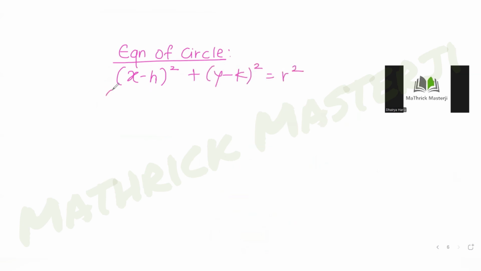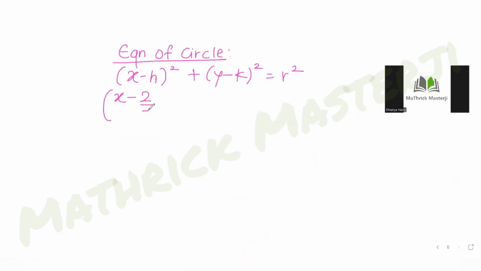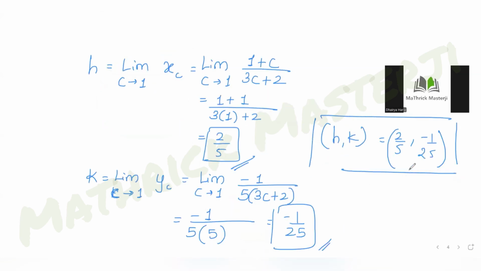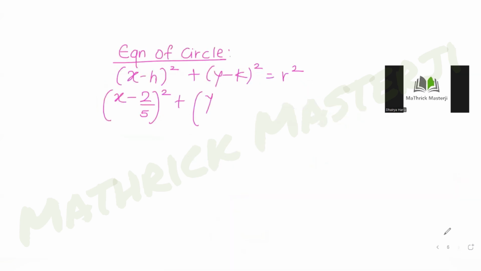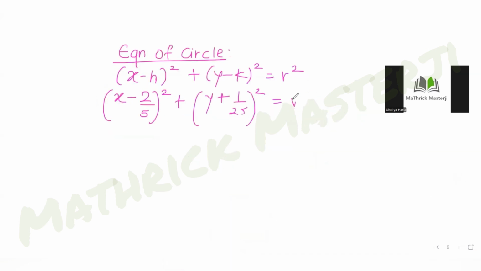So if I put it there, I get x minus h, which is 2 over 5, plus (y minus k), and k is negative 1 over 25, so minus of minus 1 over 25 will make plus 1 over 25, the whole square equals r square. R square in this case is square root of 1601 divided by 25, the whole square.